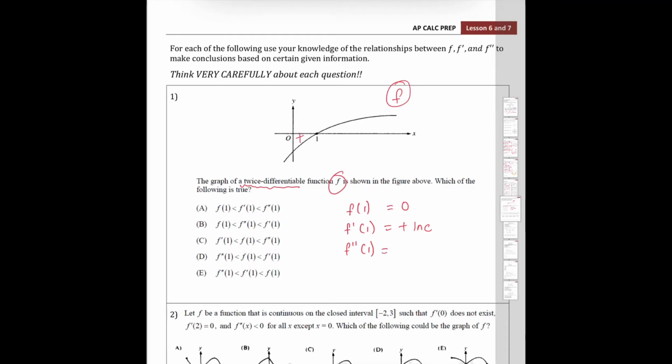Then your f double prime of 1 has to do with concavity, the shape of your graph. If you look at your original graph, it is concave down. So it's concave down when your second derivative is what? Negative. So this is going to be negative because your graph is concave down, or a frowny face.